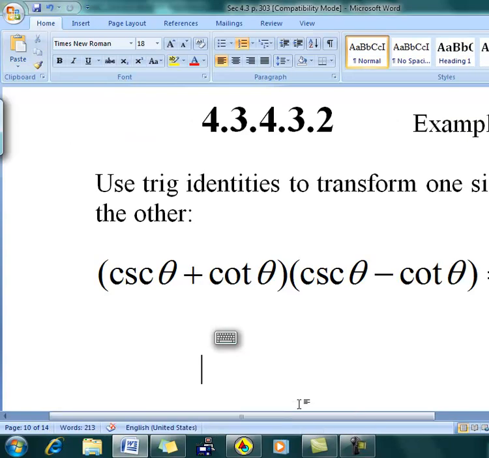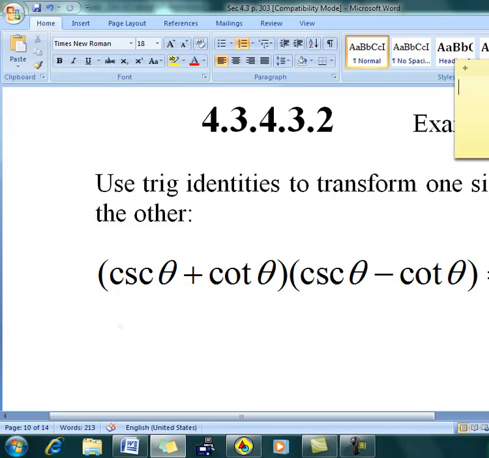This kind of problem is what causes a lot of issues with students, and it's to be done in a very specific way. First of all, it's an identity, which means that no matter what theta is, whether it's 10 degrees, 1 degree, a tenth of a degree, you plug it into the left-hand side of the equation, it'll always be equal to 1. Always. So the way you do this is you start out with one side of the identity. Typically, I start out with the left-hand side of the identity.